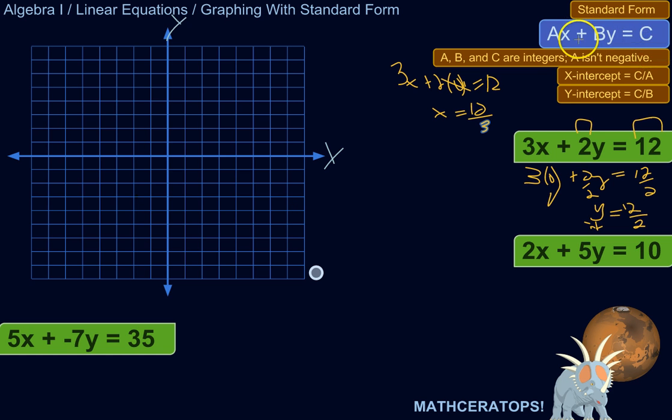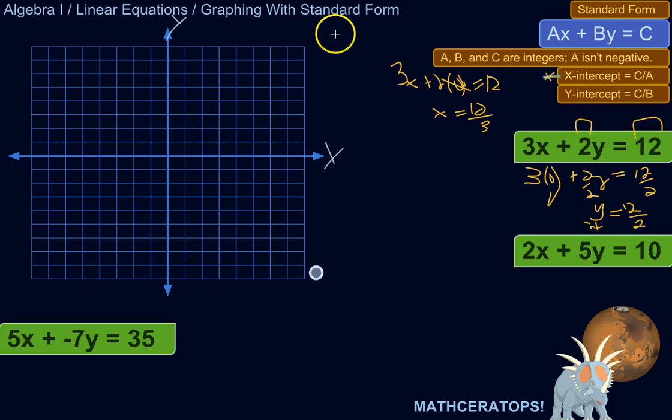So c over a, right? So here's the trick. You can do the work like that, or now that I've shown you how this works, remember this: if you've got ax plus by equals c, the x-intercept is c over a, and the y-intercept is c over b. That's basically showing you all these steps in compact form.